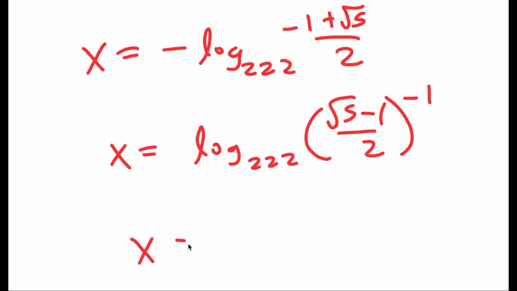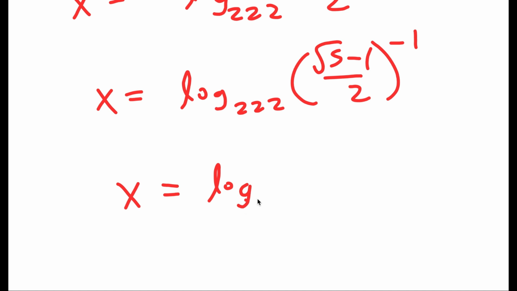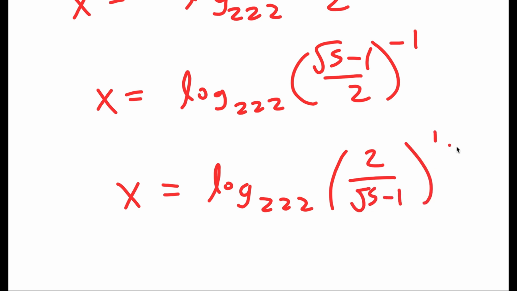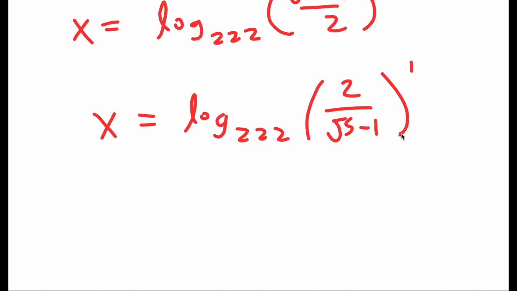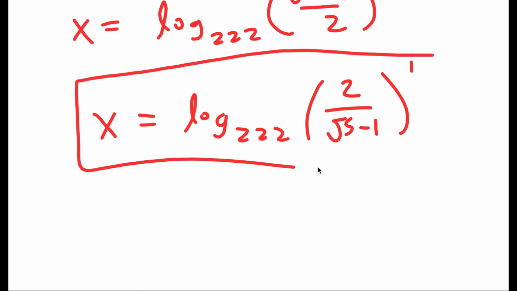And that means this is the same thing as log base 222 of 2 over the square root of 5 minus 1 to the power of positive 1. So this is my answer.